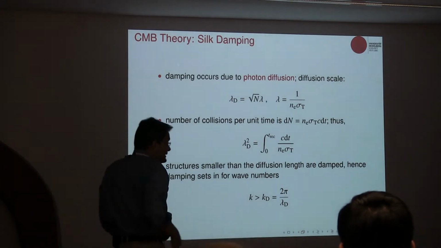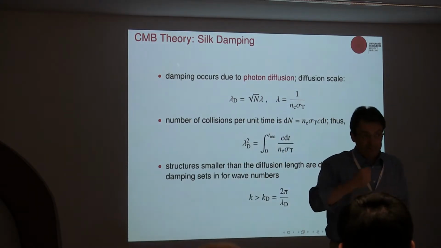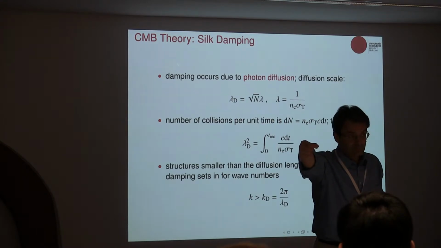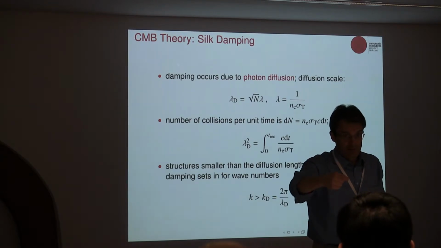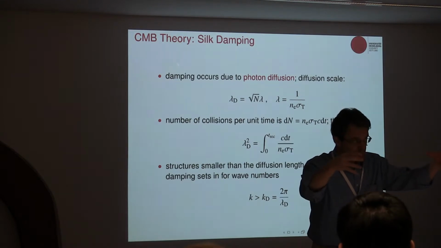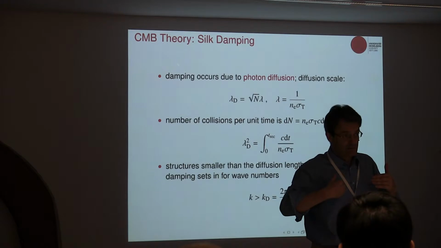But while the cosmic plasma is recombining, the mean free path for the photons is increasing, right? Which means that photon diffusion sets in. The length scale over which photons can diffuse is increasing while recombination proceeds.